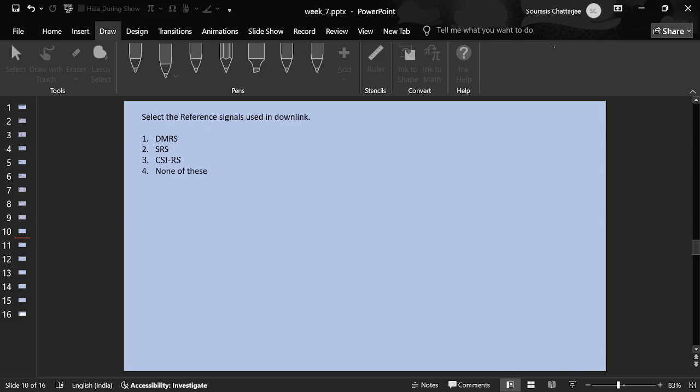What is the use of it? Before doing PDSCH channel estimation, we have to use it. Okay. I'm just trying to understand why it is required, because the base station has the decoding information from SRS.